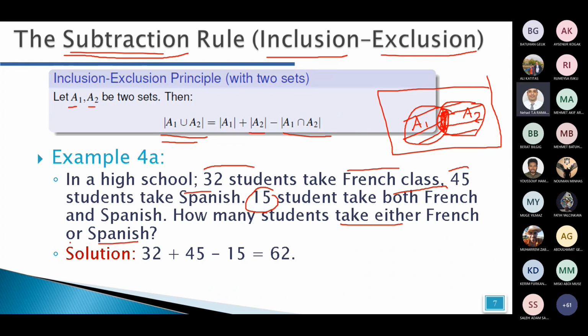We have 32 take French, 45 take Spanish, minus the 15 shared. So we have 62 students who take either French or Spanish, either or.